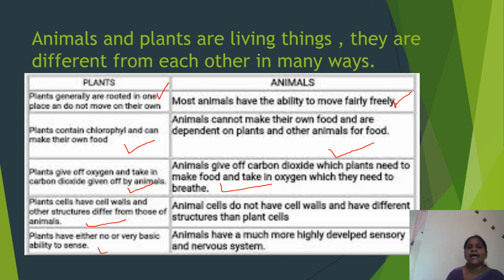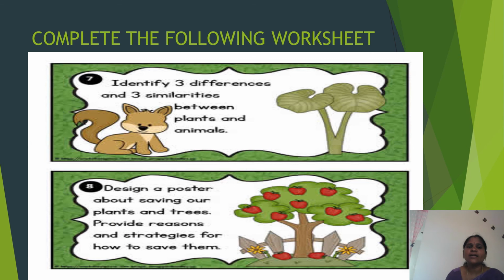Plants do not have sense organs, and animals have sense organs to feel the world around them, through the sensory and nervous system. Plants just respond when we touch them. That's it. Only animals have sense organs to feel around us. You got the differentiation between animals and plants.